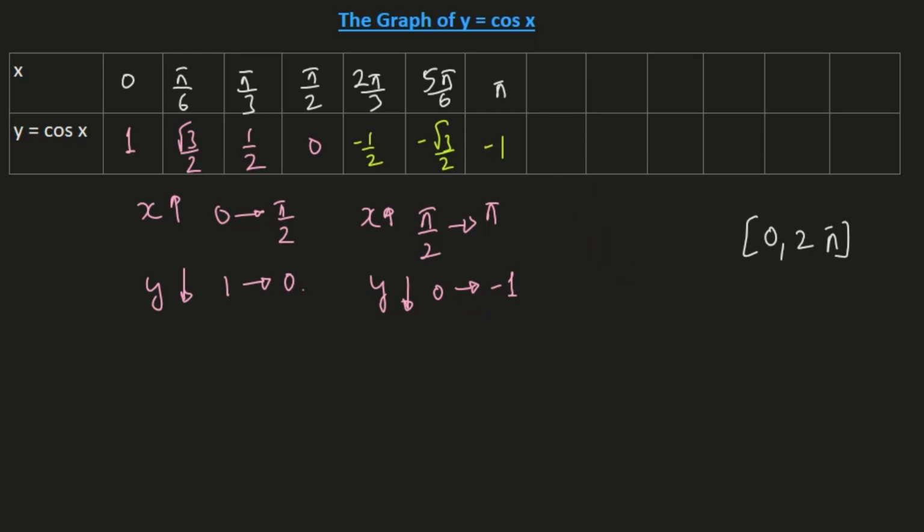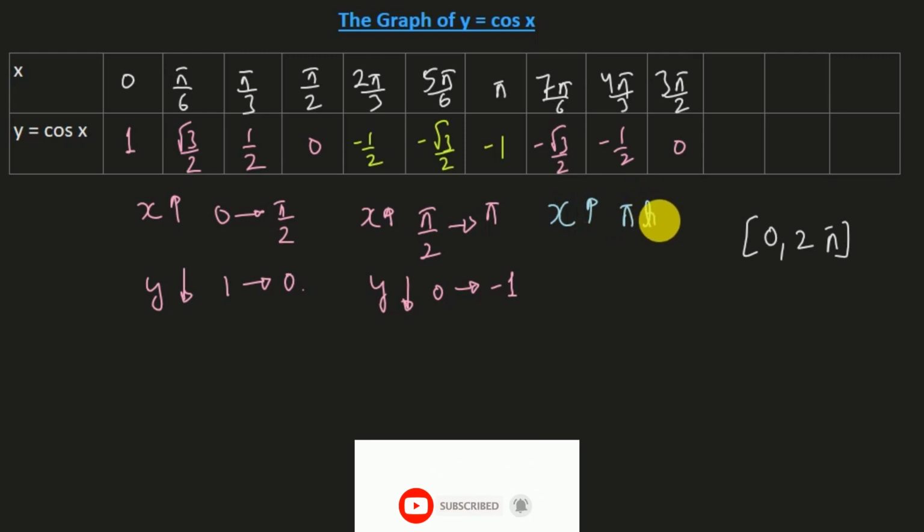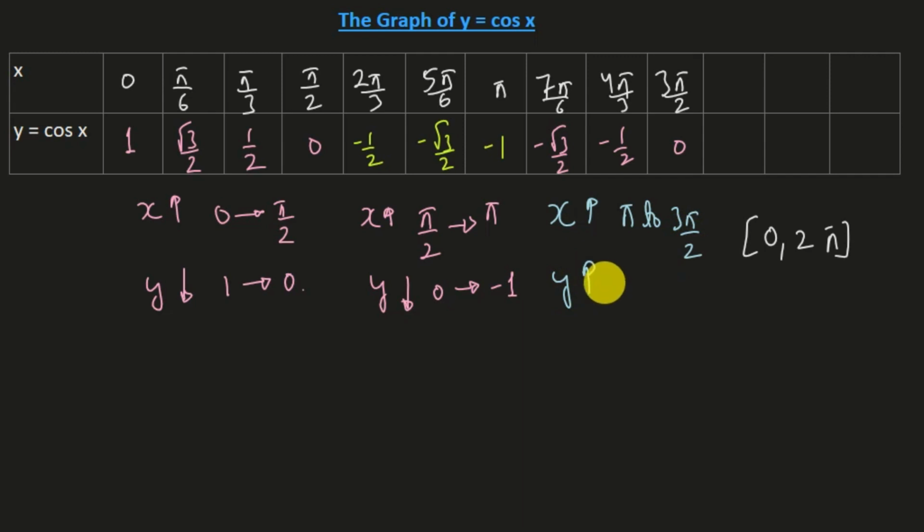Now further, I can take the angle to be 7 pi by 6, then 4 pi by 3, then 3 pi by 2. Now the y values corresponding to these would be minus square root 3 over 2, minus 1 over 2, and then 0. Now what we can observe from here is that as x increases from pi to 3 pi by 2, the y value also increases from minus 1 to 0.